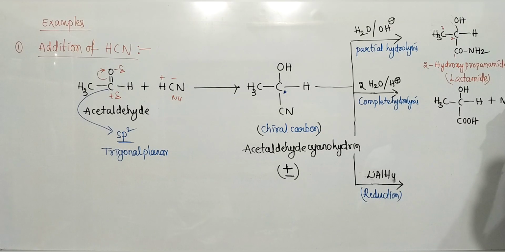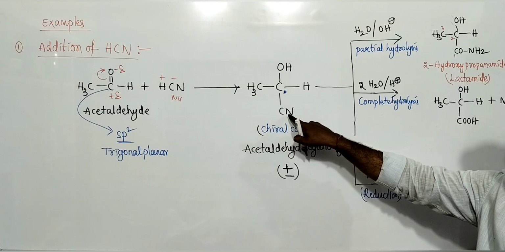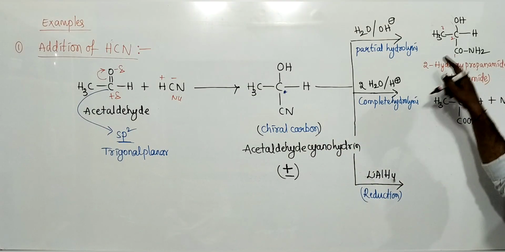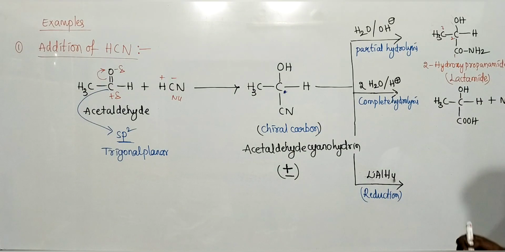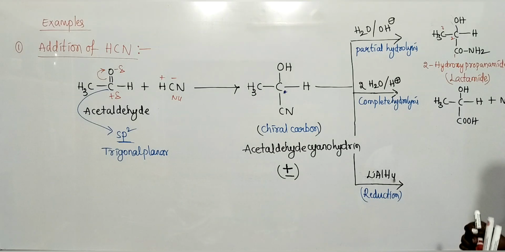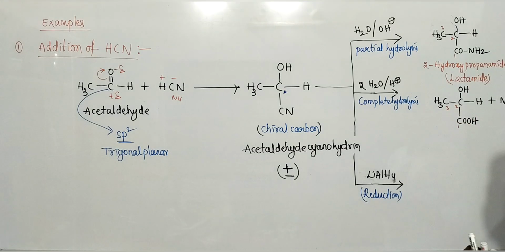With one more addition of a second water molecule, CONH2 becomes COOH and NH3. So this is first carbon, second carbon, third carbon, three carbon atoms, 2-hydroxypropanoic acid.